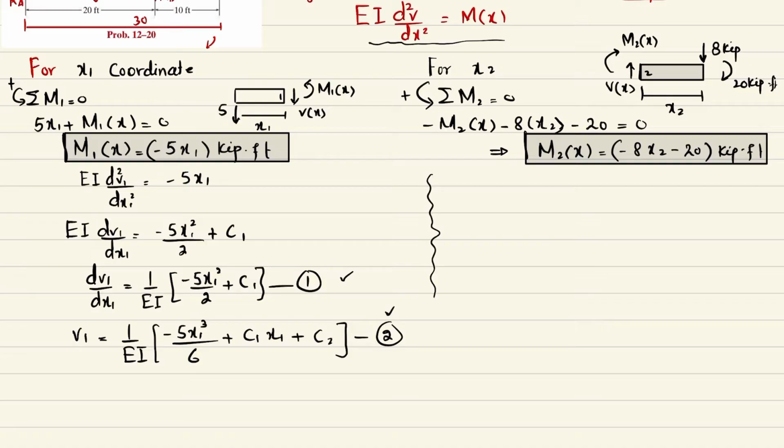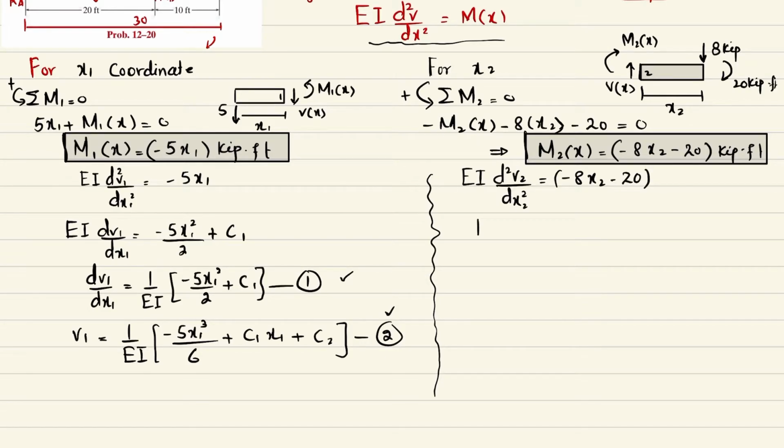So I will draw a line in order to differentiate. You will have EI d²v2/dx2² = M2(x), which is -8x2 - 20.